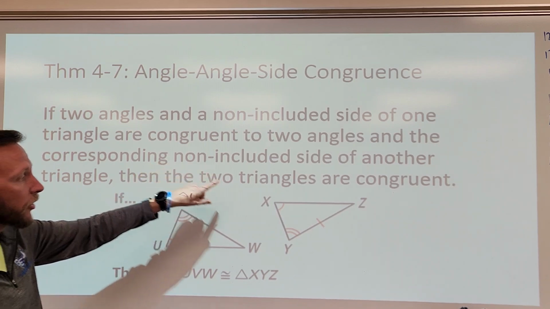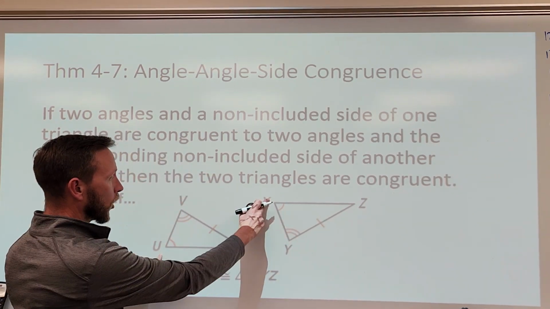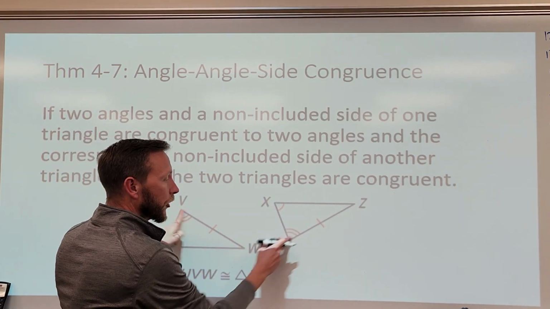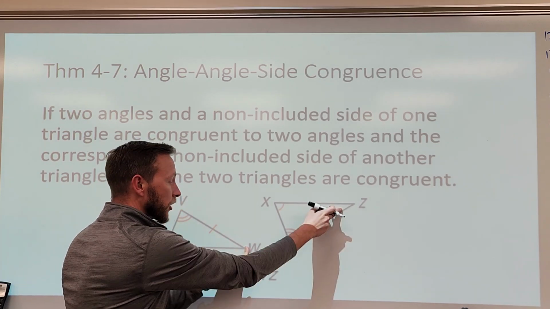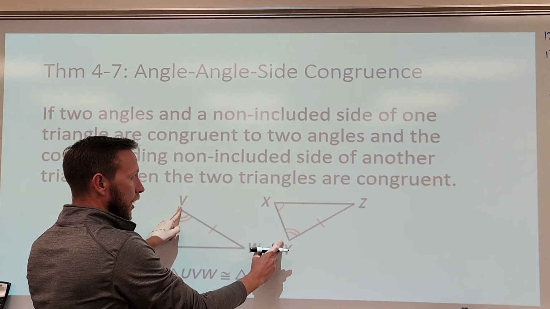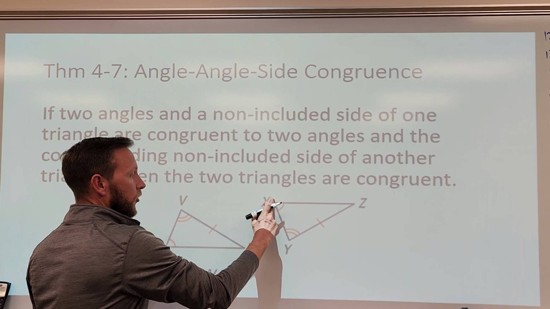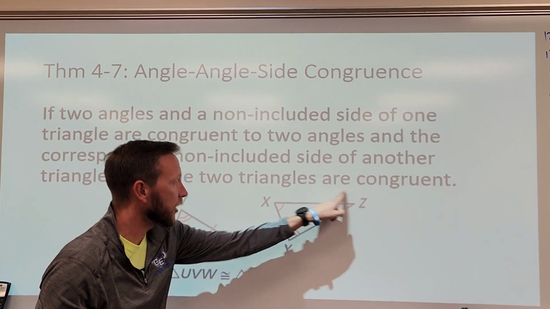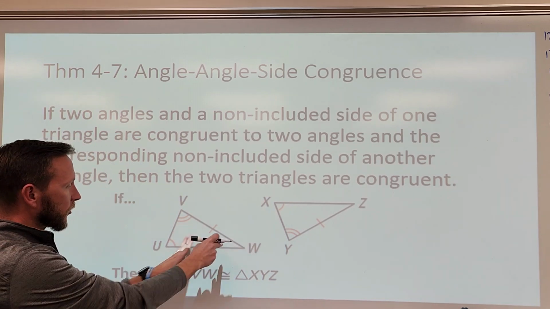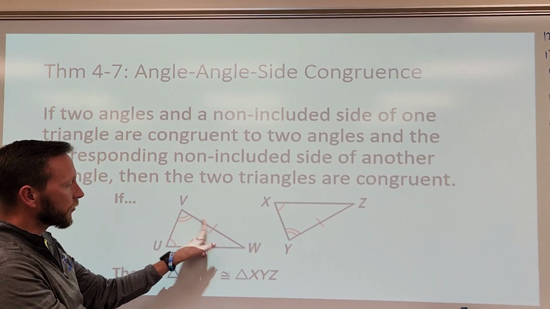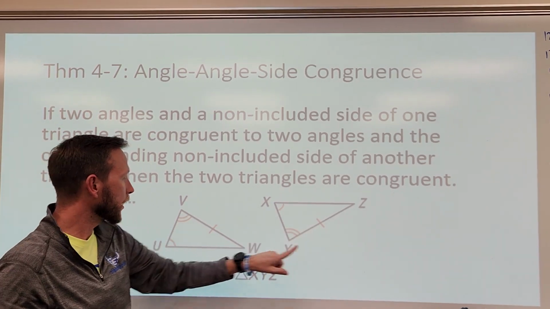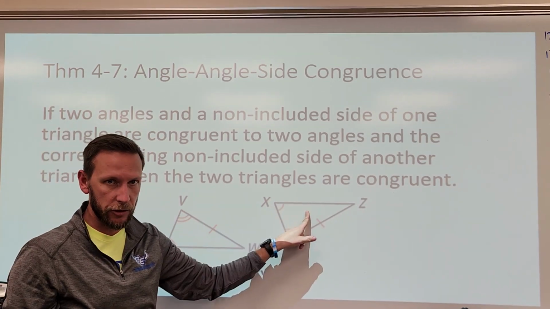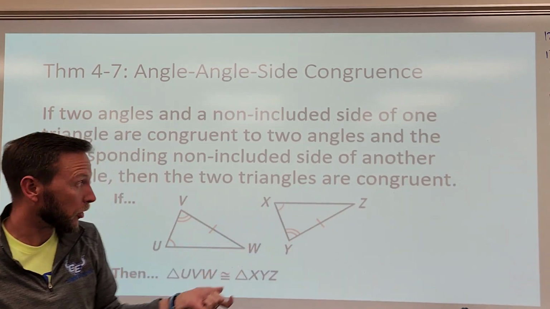So angle, angle, side. It's not angle, angle, skip a side, and then go to the next side, right? We have to make sure that WV is congruent to ZY, not WV congruent to XZ, because otherwise those would not be congruent triangles.